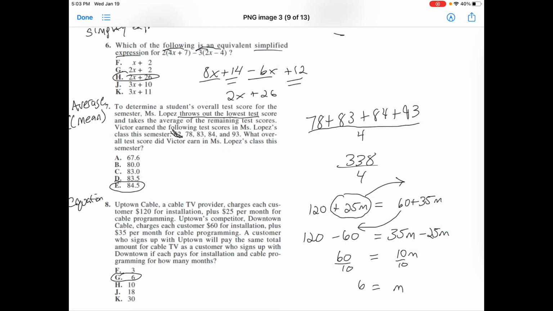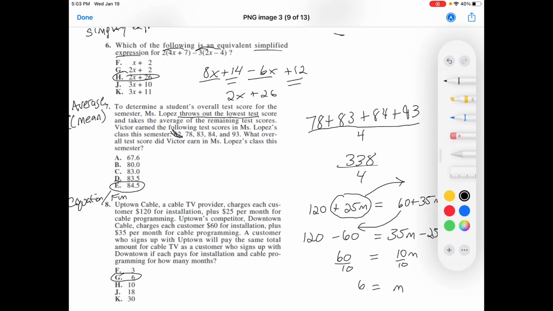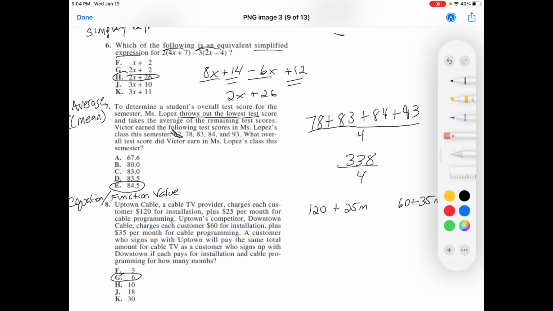And you could actually solve this one like a function value question, because you've made two functions. If you didn't want to do it this way, you could use the answer choices.